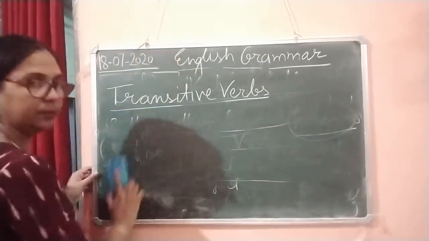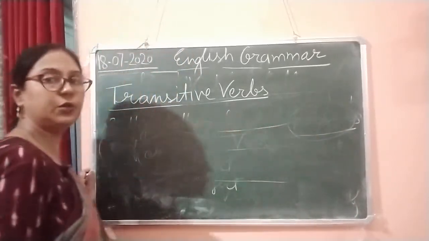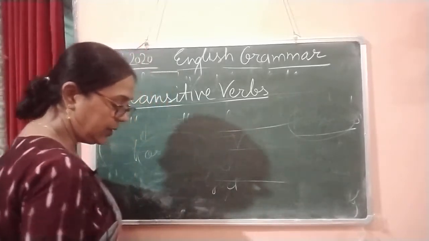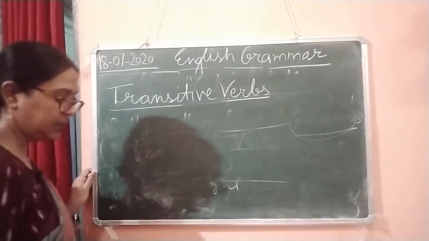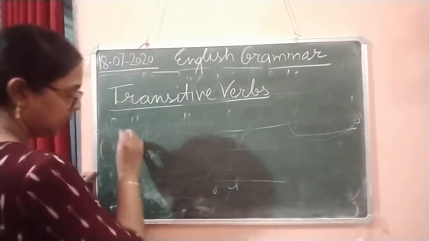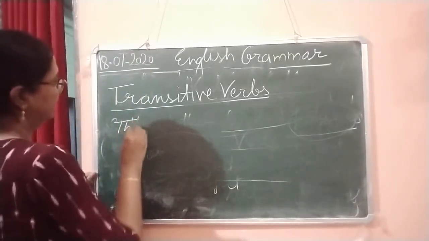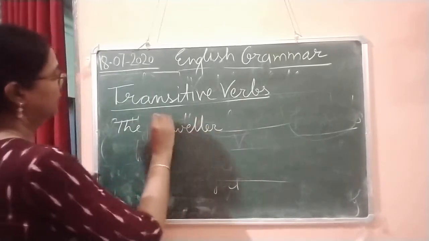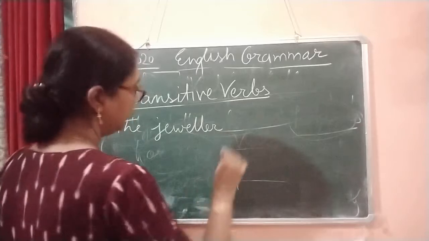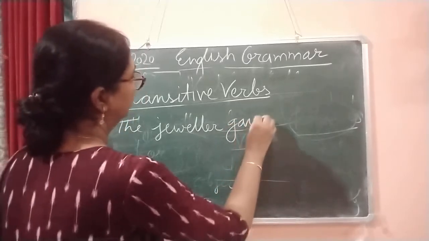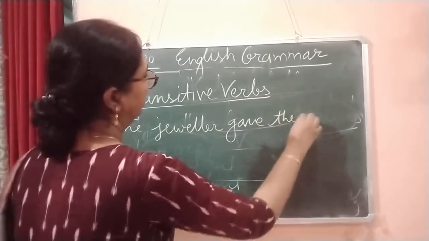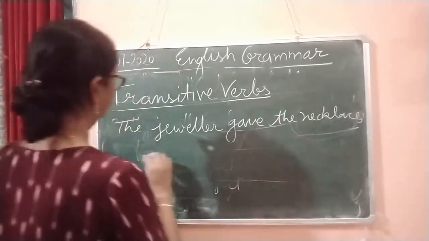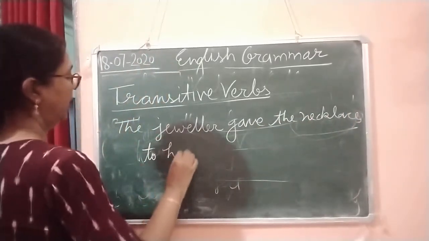Nine we are going to do. Nine is the jeweler gave the necklace to her. The jeweler gave the necklace to her.